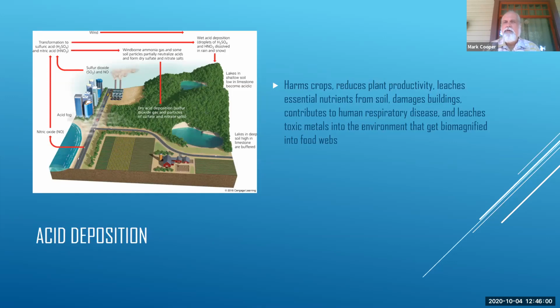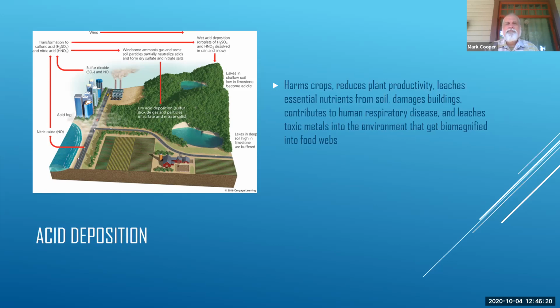This is also called acid rain. That's the old term. It's not rain. It's really anything that has a pH of 5.6 or below. So I want you to know that number, 5.6 pH. The lower the number, the more acidic something is.